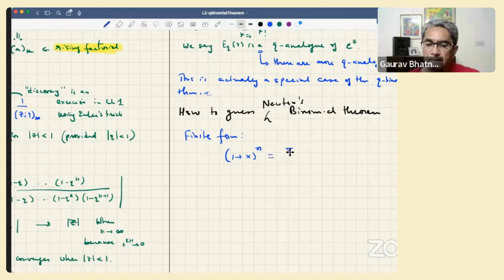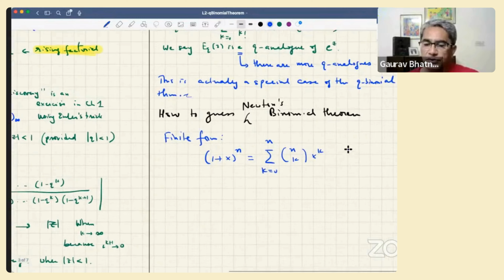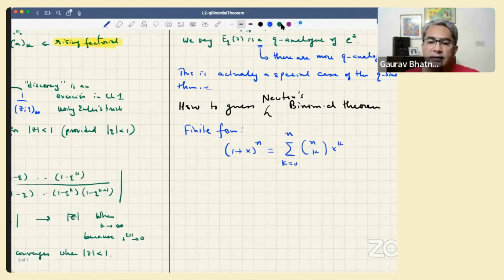So n choose k, x to the k. Here n choose k is equal to n factorial over k factorial times n minus k factorial.